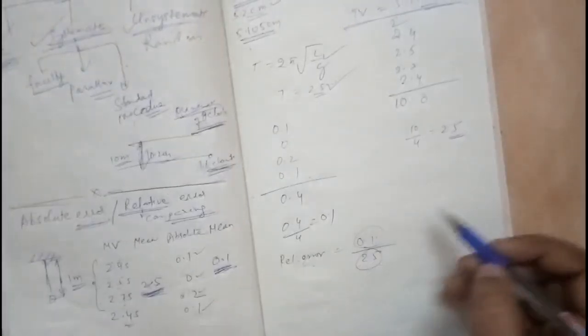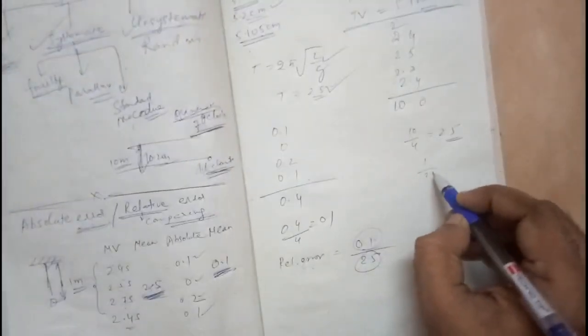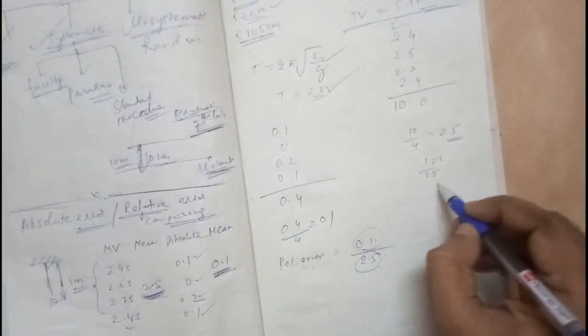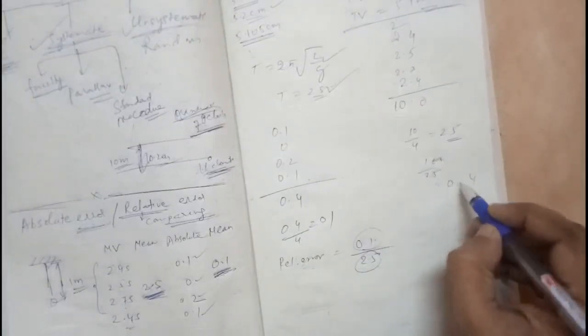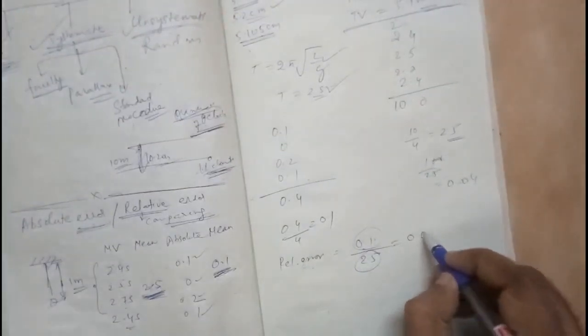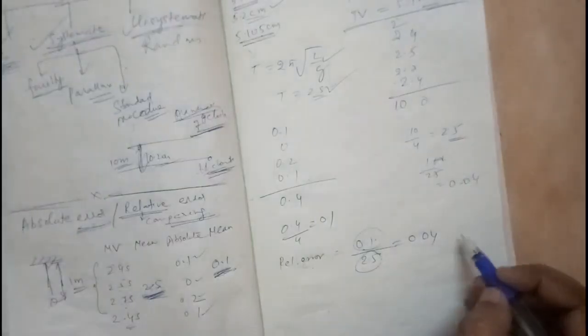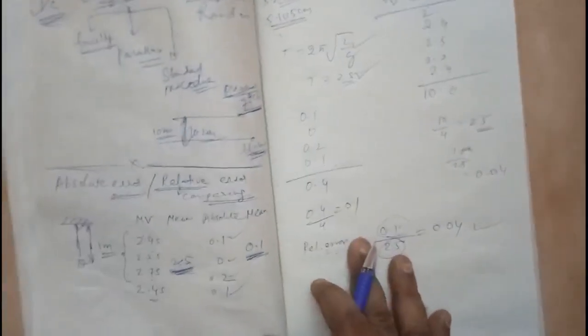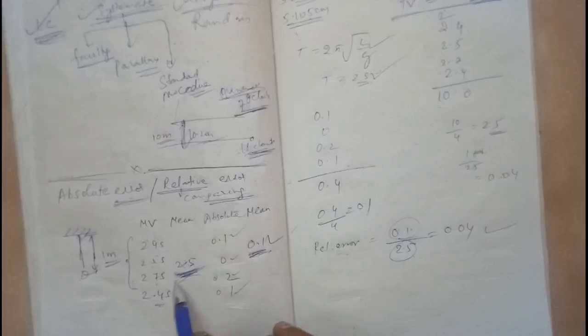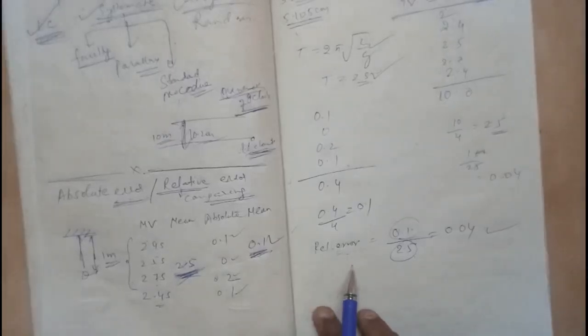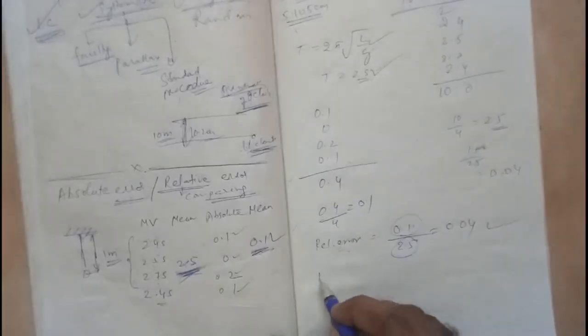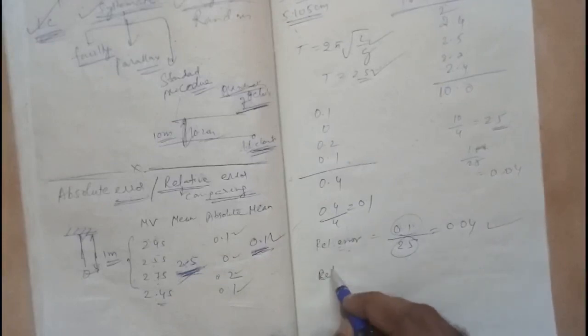So what is this value? Multiply top and bottom with 10, you get 1 by 25. Okay, so 100 by 25 means 4, so it's 0.04. 0.04 is the relative error in this case. So here you are comparing this with the measured true value. Okay, so there is one more term called relative percentage error.